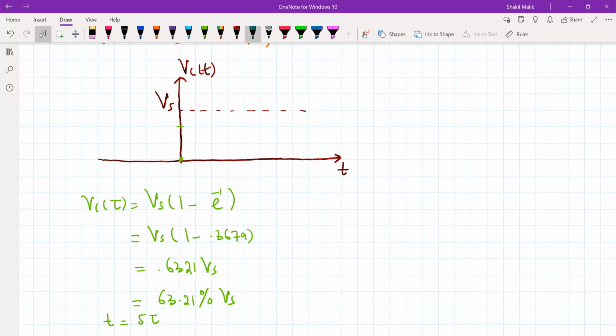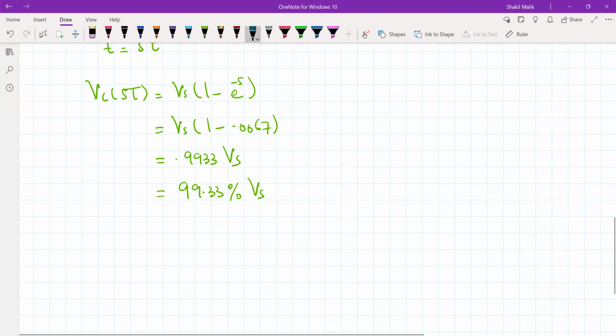So if we plot this capacitor voltage, it rises like this, which is exponential behavior, and it finally reaches Vs, the battery voltage.